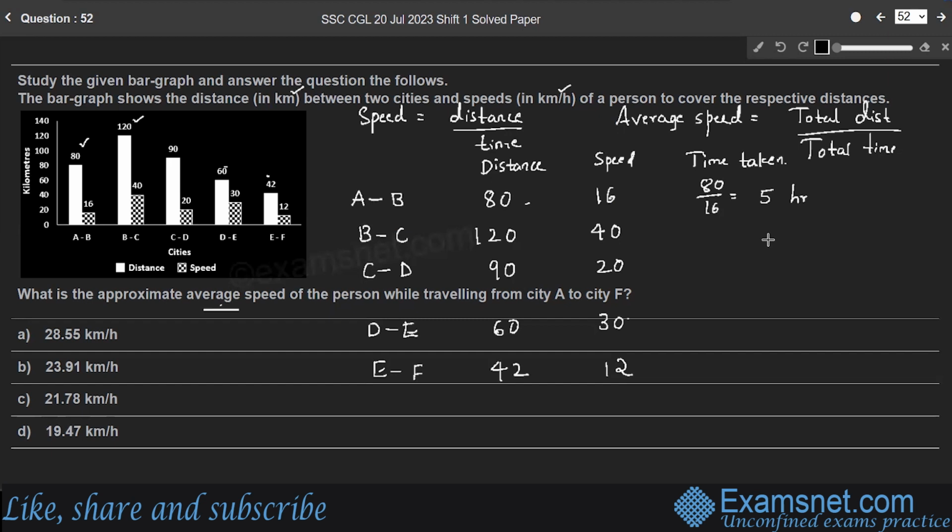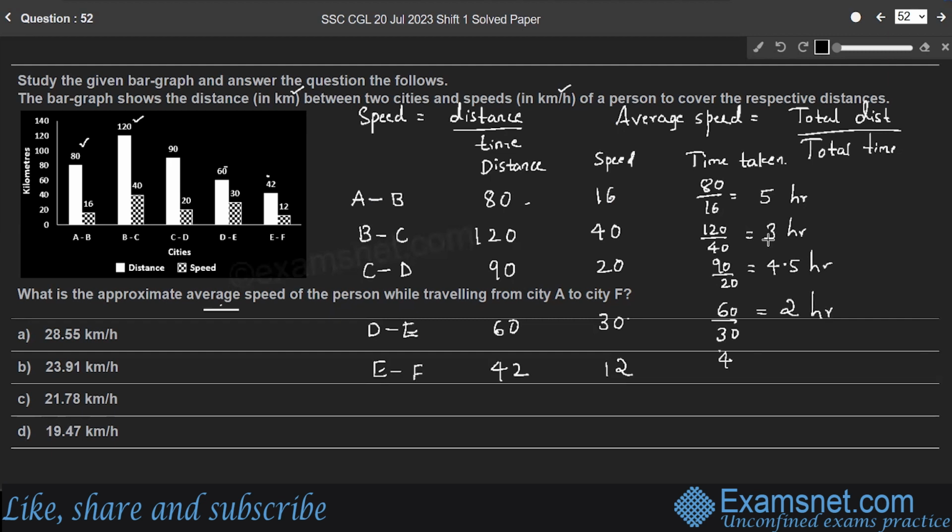So next one. B to C, distance by speed, 120 by 40, which is 3 hours, right? Next, time taken by him from C to D. So 90 by 20. So 9 by 2, which is 4.5 hours. Then 60 by 30, he takes 2 hours, right?